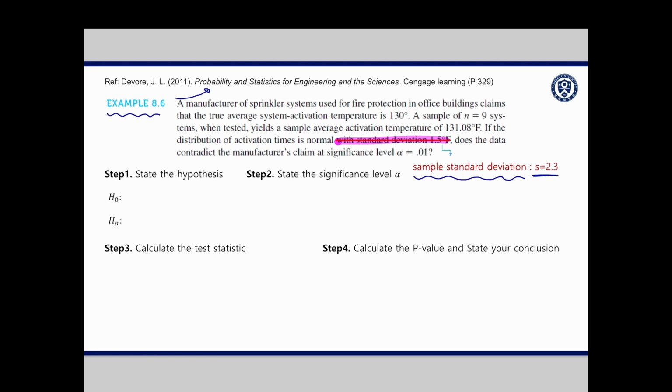So let's conduct a hypothesis test at a significance level of 0.01 to examine the claim made by this manufacturing company regarding the average activation temperature being 130. So the hypotheses for step 1 are as follows: H0 is mu equals 130, and the alternative is mu is not equal to 130, that is a two-sided test.